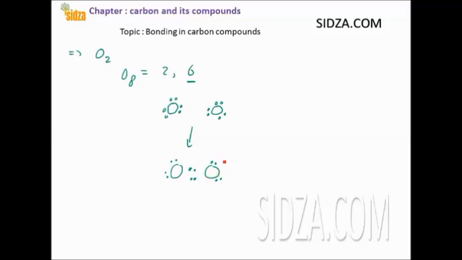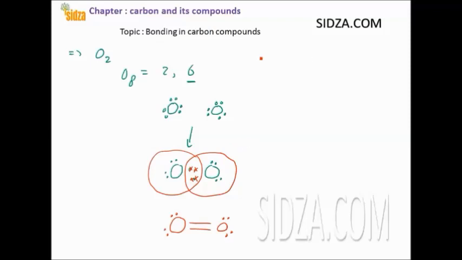By sharing the 2 electron pairs, this oxygen completes the octet, and this oxygen also completes the octet, because these electron pairs are being shared. One oxygen atom provides 2 electrons, another oxygen atom provides 2 electrons, so you get a double bond between the 2 oxygen atoms. So we have a double bond, a multiple bond. A single bond is formed by 1 electron pair. Since there are 2 electron pairs, you get a double bond.